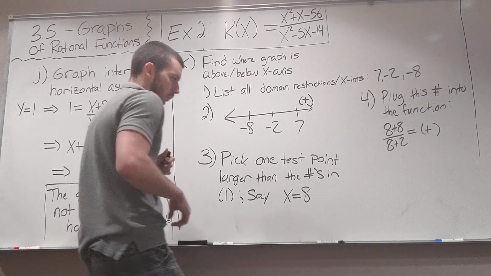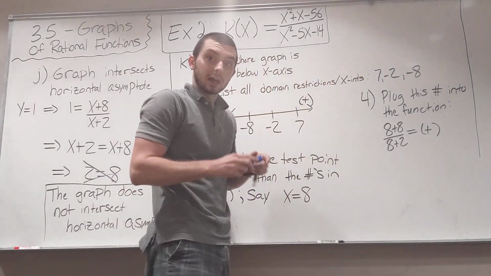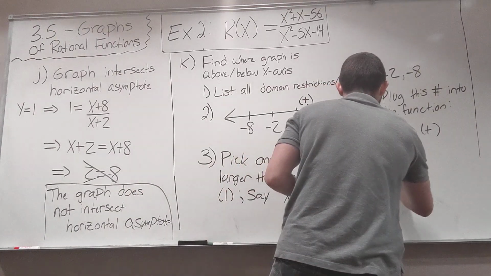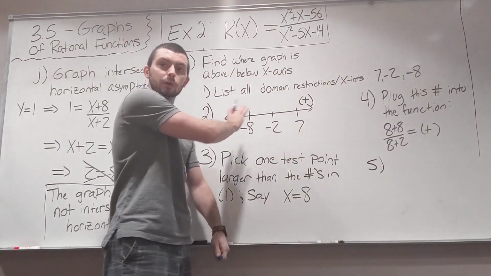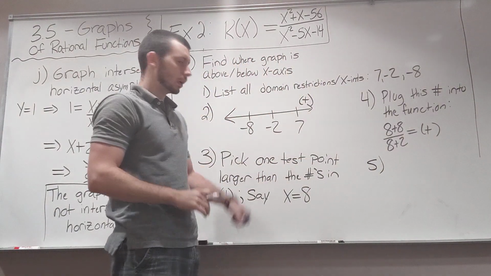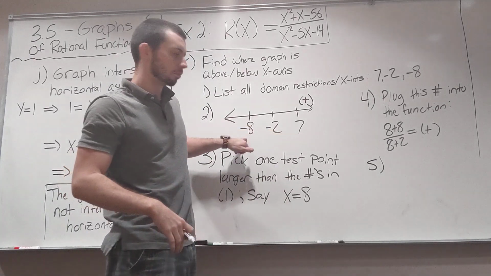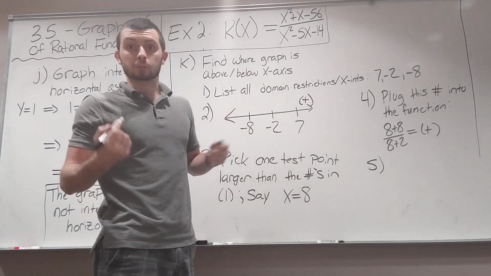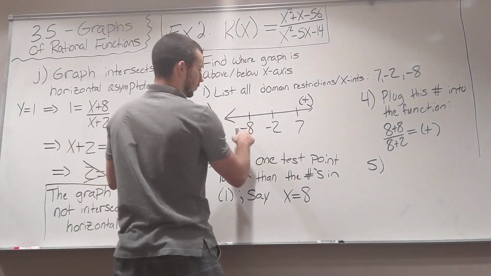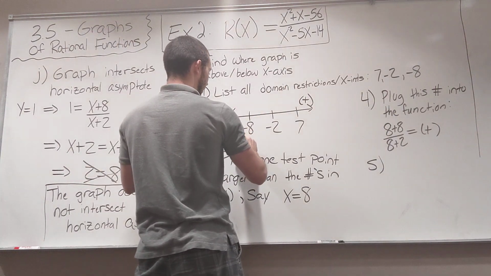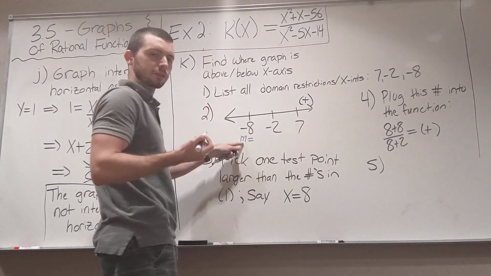So step 5 will simply be somewhere on your number line, near each one of these numbers, jot down the multiplicity of that number. So here, for -8, the multiplicity, we already found this one.